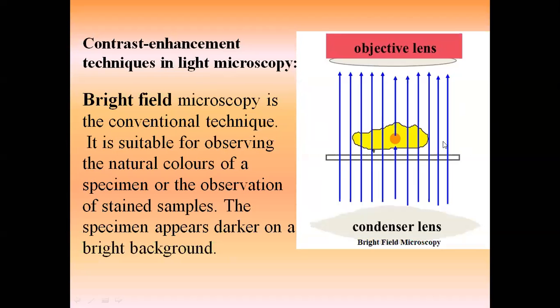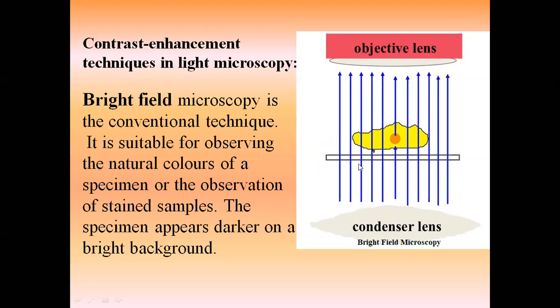So on the stage you have placed the sample, and through that sample the light is projected. Whether that sample, as you can see the light here, can pass the light through. If the light is passing through the sample and we are getting the image through the objective lens, that means the type of microscope that we are using is a bright field microscope.